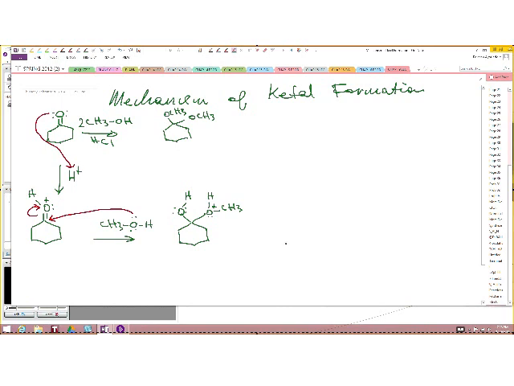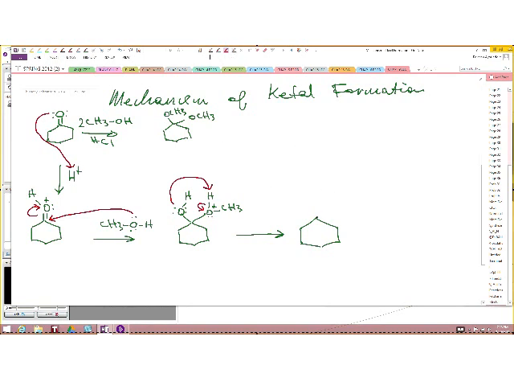So we grab this proton here, release this here to here.